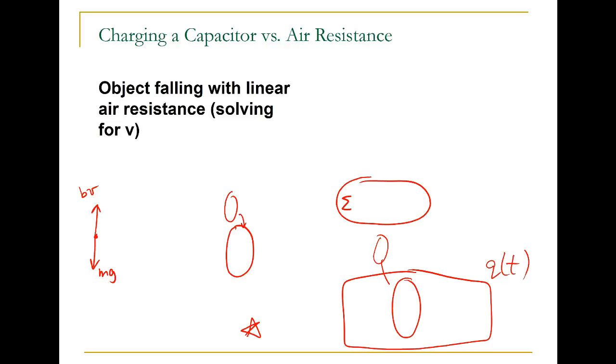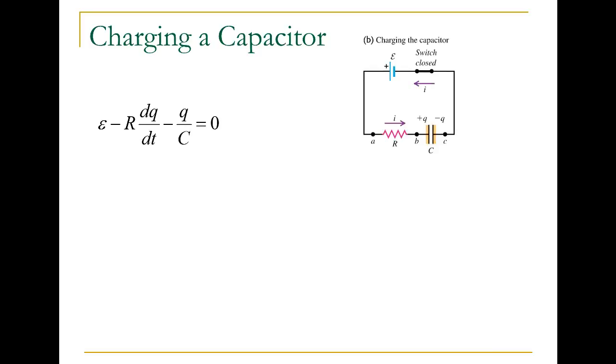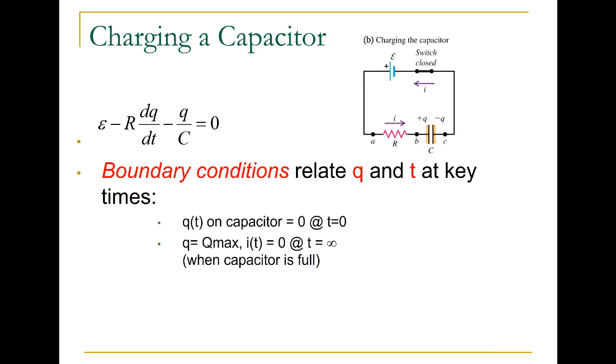Okay, I have to advance a little bit. And when we solved this, we have a couple of very important boundary conditions to take into account. We came up with Q is equal to CE times 1 minus e to the minus t over RC.